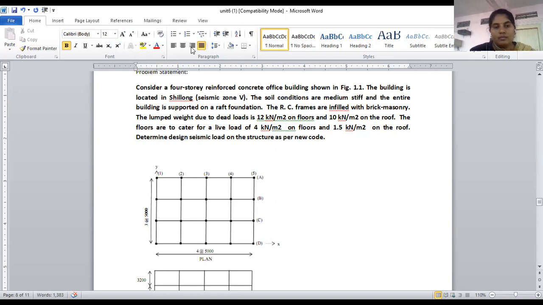Determine the design seismic load on the structure as per the new code.